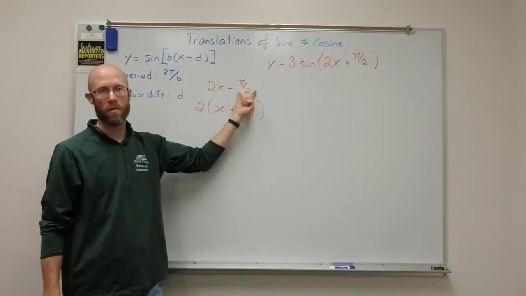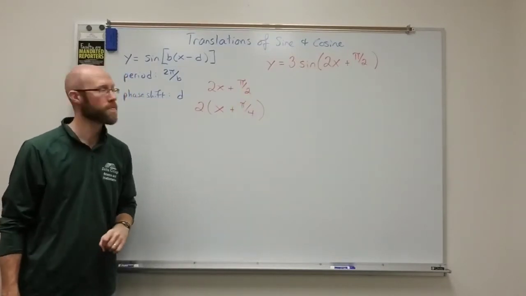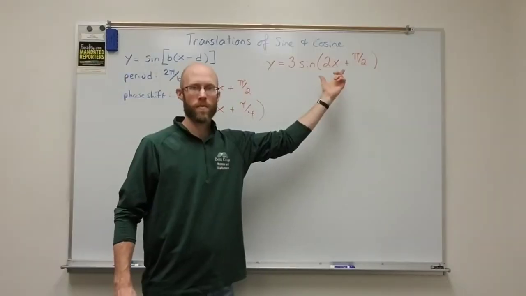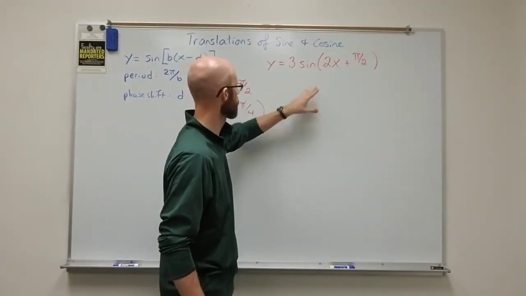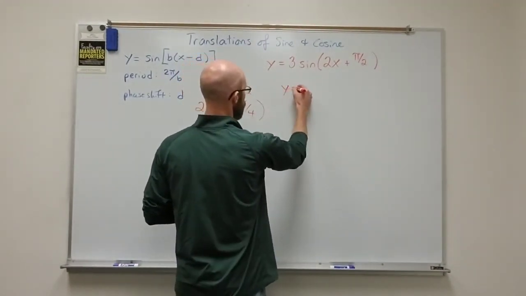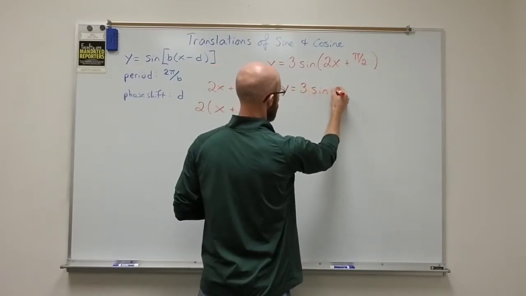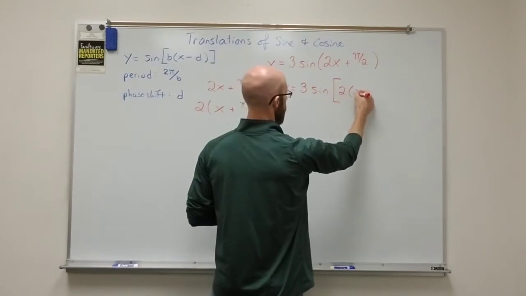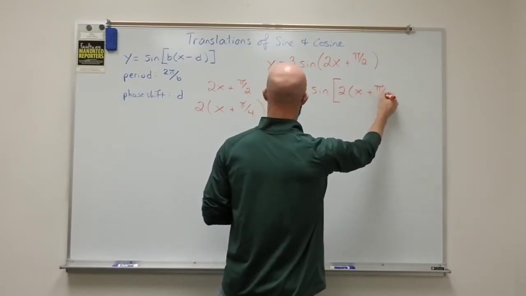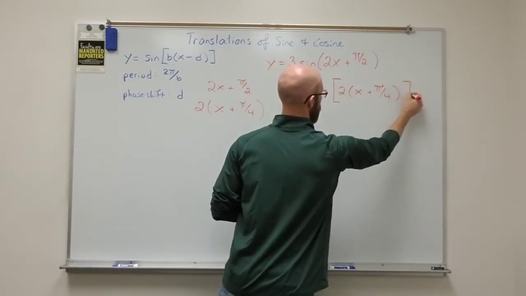So it's pi over 2, half a pi. Okay. So now I can write this out in its factored form. Let's see, 2x plus pi over 4.